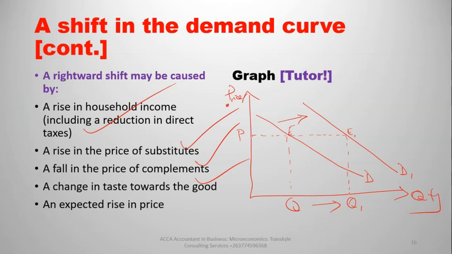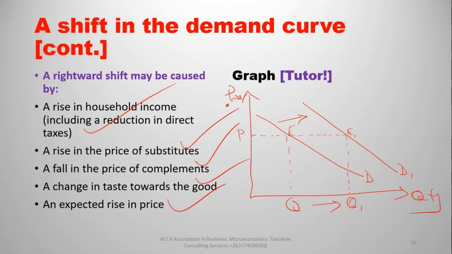Then an expected rise in price. This one again would trigger people to purchase goods, especially in countries where there is some hyperinflation. When people feel that next week the price of mealie meal is going to increase, they will start to buy more quantities today. Okay, so that again will lead to the shift in the demand curve.